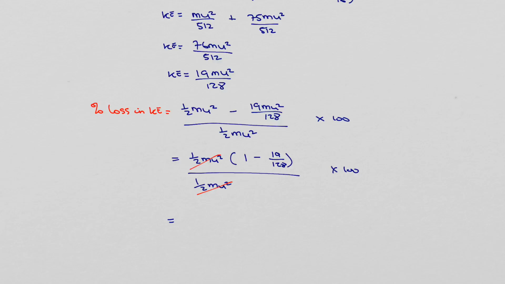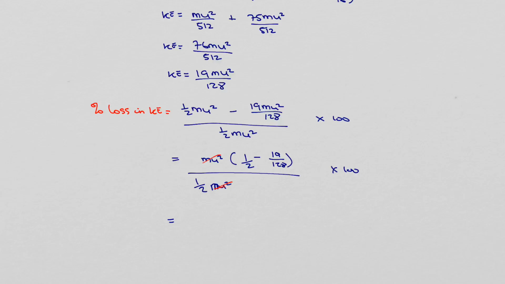Sorry, if we just go back there, a half isn't actually common on the top line, that's my fault. So only m u squared is common there, and then that should actually be a half inside the bracket. And then the m u squared cancels with the m u squared.